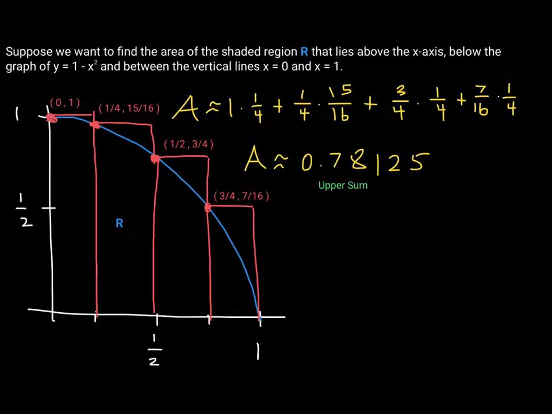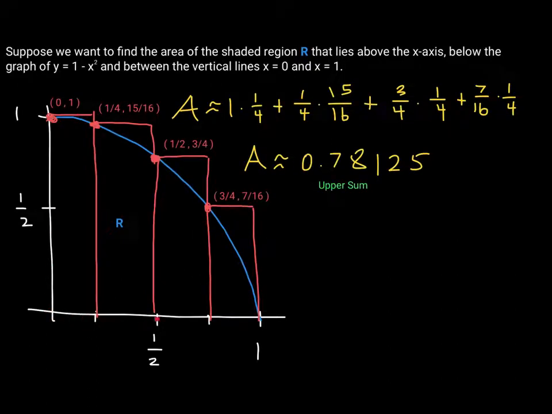They're called an upper sum because this sum is obtained by taking the height of the rectangles corresponding to the maximum value of our function. For this subinterval here, the maximum value is right here at the left endpoint.